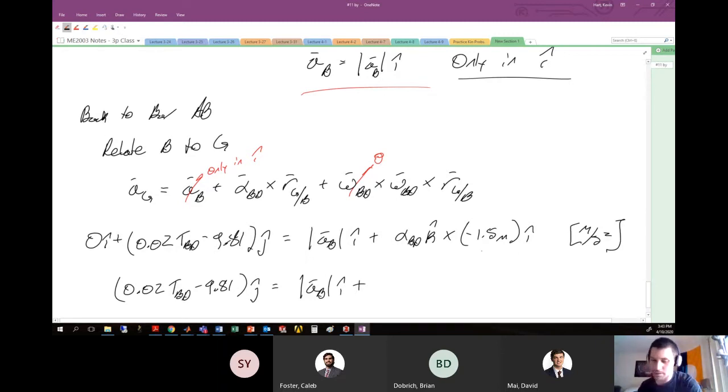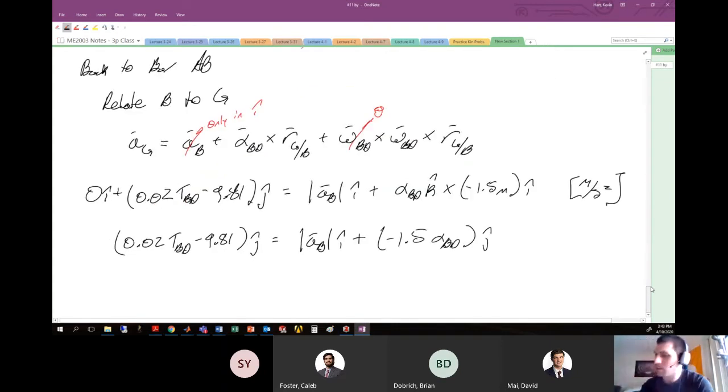So I will end up with plus a negative 1.5 alpha BD in j. So the final takeaway is I can directly relate information about the acceleration of point G, which is solely in this j hat direction, to the angular acceleration of this piece BD, and not have to worry about what's going on in i hat.